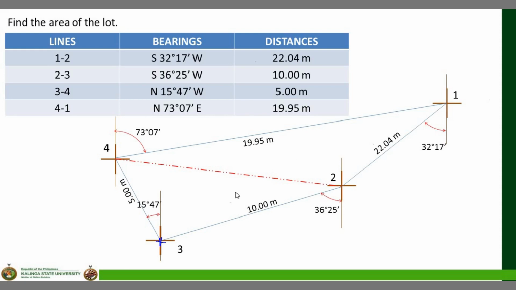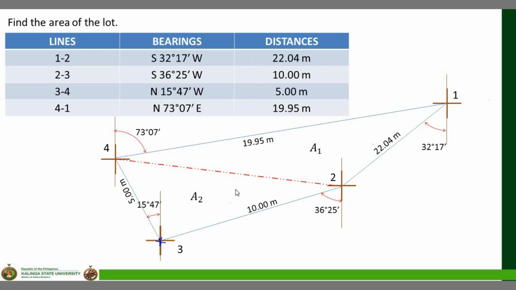Okay? So, we have area 1 and area 2. To get the total area of this lot, I have to add area 1 and area 2. So, how do we get area 1 and area 2?